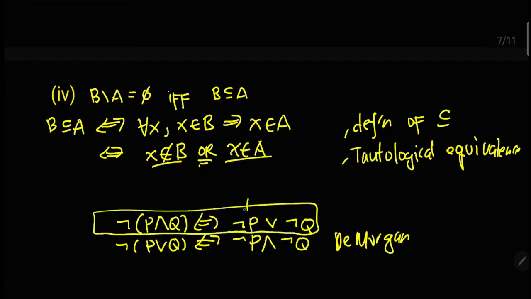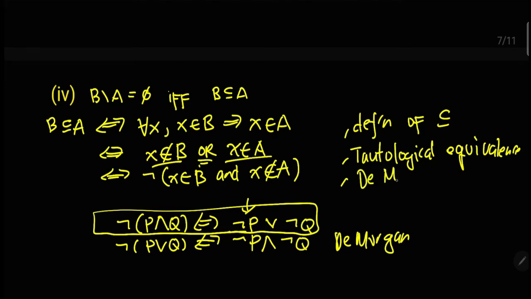It's an or statement, so by De Morgan, that can be equivalent to the statement on the left-hand side: it is not true that P and Q. So negate Q: X is in B and X is not in A. So that's De Morgan's in logic.